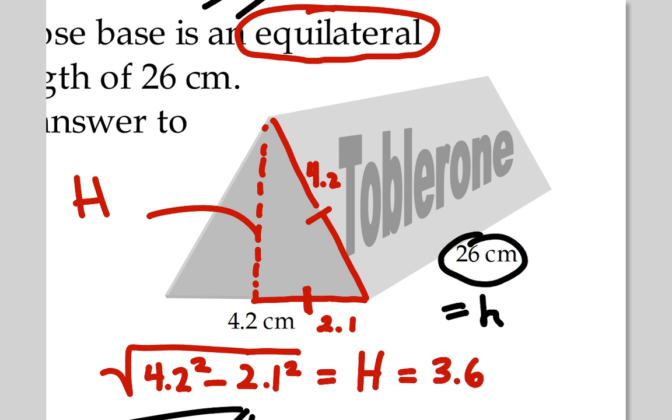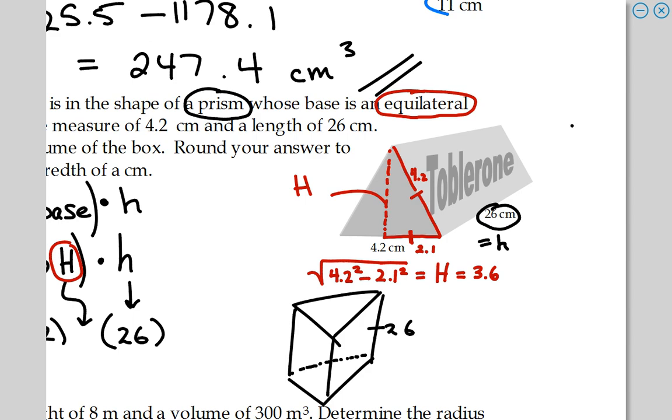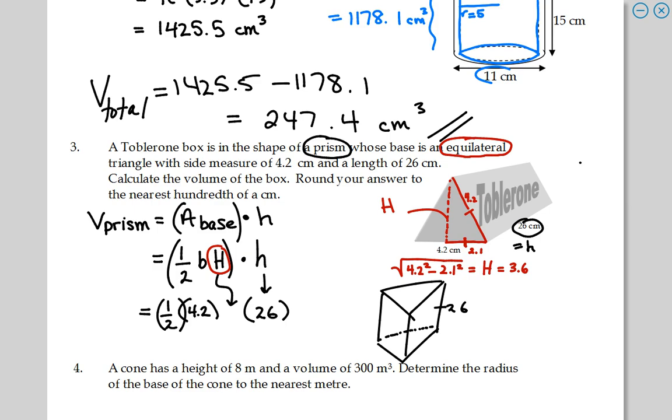Does that 3.6 seem reasonable? It's shorter than the hypotenuse, which is 4.2. So yes, it seems reasonable. I need to slide that value of 3.6 right here. 1/2 base times triangle's height times prism's height.